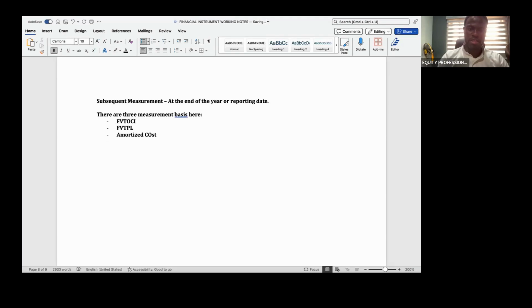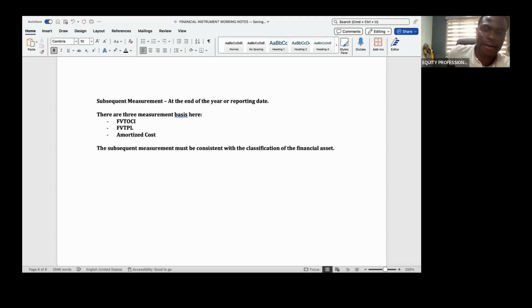But the key thing is that the subsequent measurement basis must be consistent with the classification of the financial asset. Meaning that when you classify at fair value through OCI, it is expected that you measure at fair value through OCI.